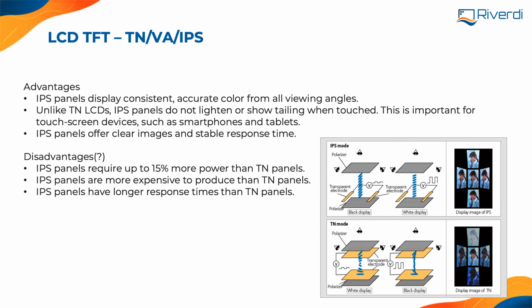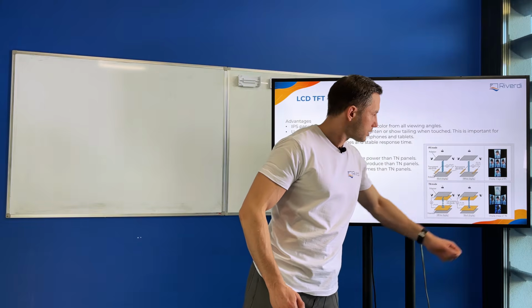Okay, so short summary of the IPS and TN display or IPS or VA technologies. So you can see here on the small image, we have the TN display here, and you see the grayscale inversion.